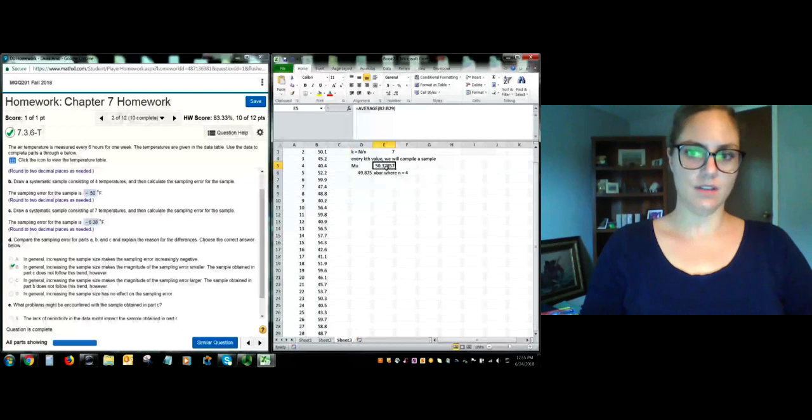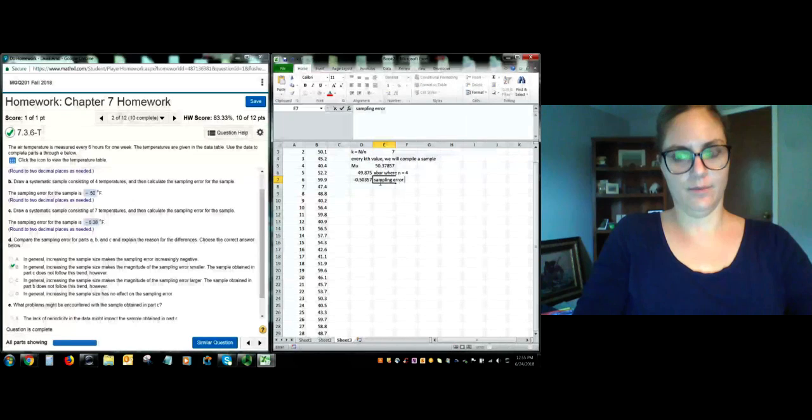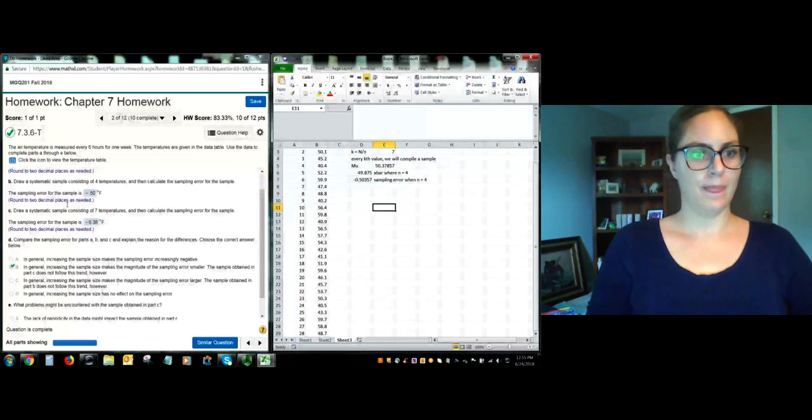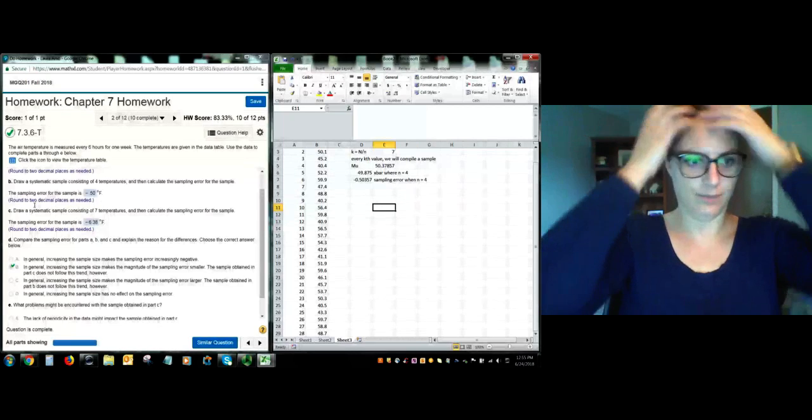So this is mu, this is x bar. In order to figure out what the sampling error is going to be, it equals x bar minus mu, and this is the sampling error when n equals 4. So that's how we're getting that negative 0.50, and it's telling me to round to 2 decimal places, so I go ahead and do that.